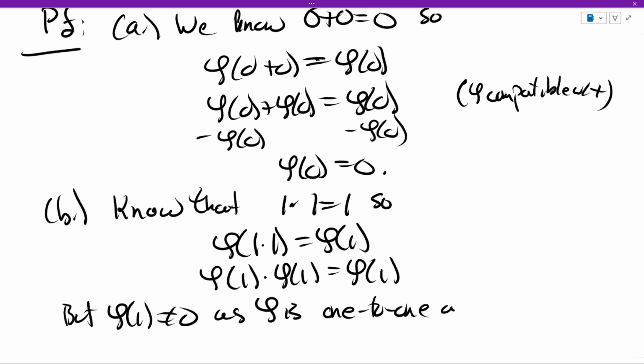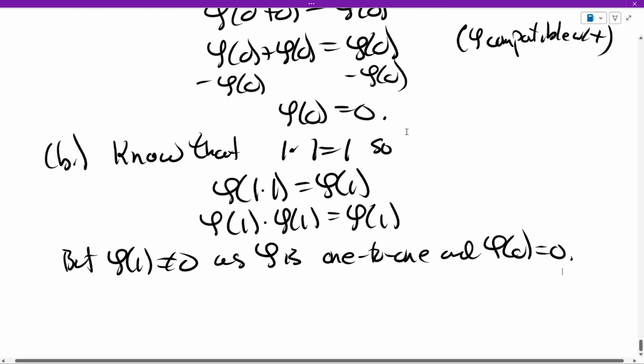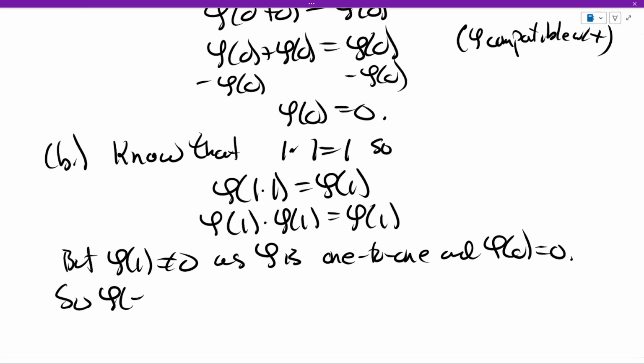And we already know that phi of 0 is 0 by part A. So phi of 1 can't also be 0, otherwise it would fail to be 1 to 1. So phi of 1 inverse exists. And so we can multiply both sides by phi of 1 inverse.